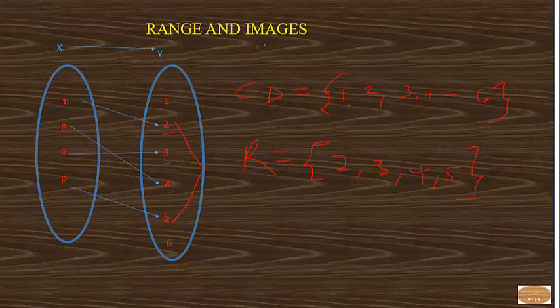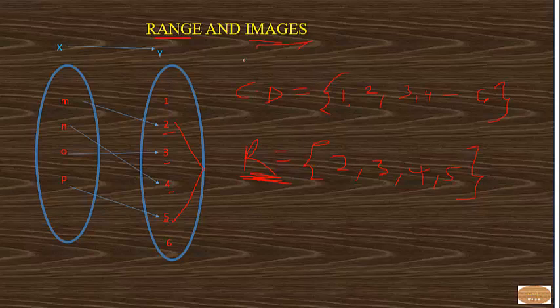So you have 2, 3, 4, 5. So the images are the same as this one. That's the range. So if I ask you to write down the images, it's just the same as the range.